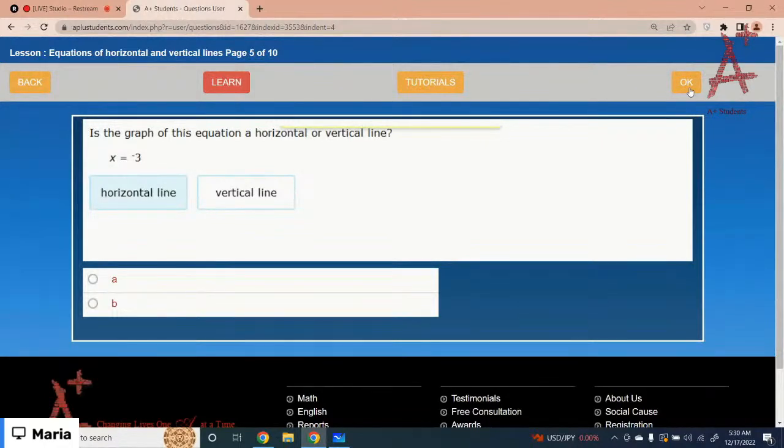Like for this one, is the graph of this equation a horizontal or the vertical line? So it is x equals -3. Got it? So that means it is the vertical line. Got it? Option A is the correct one. Just select the correct option, then click on the OK button.